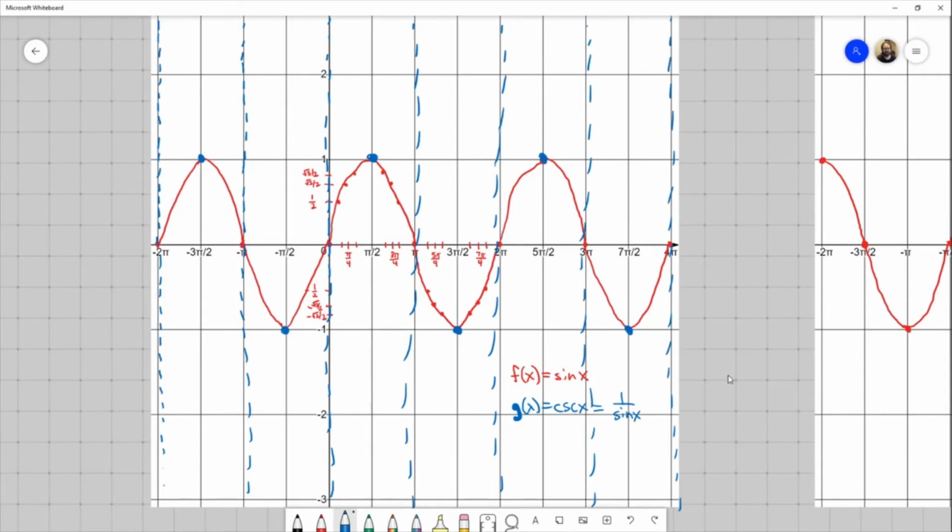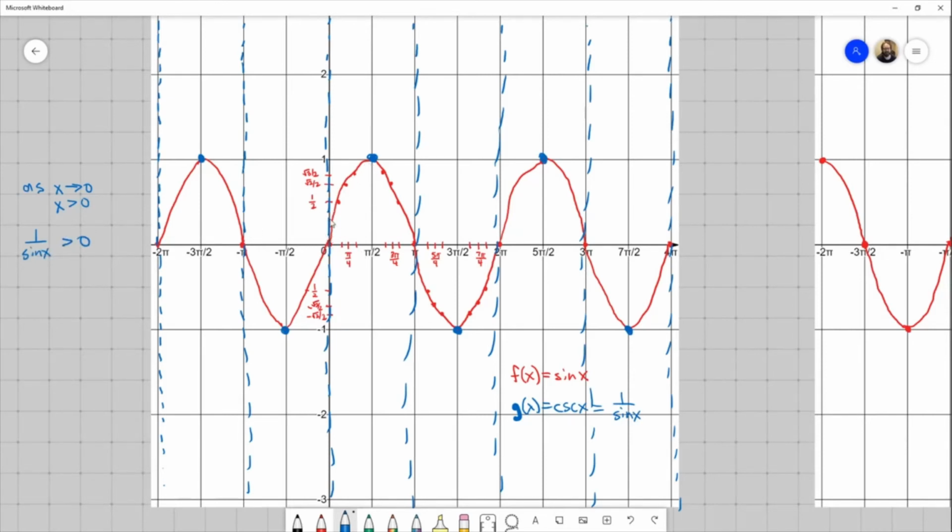And then thinking of it as the reciprocal, for instance, looking at 0, as x gets close to 0 with x greater than 0, so we're thinking about being on this interval from 0 to pi over 2, we're getting closer to 0 here. Our fraction, 1 over sine of x, or cosecant of x, is positive, since sine of x is positive.